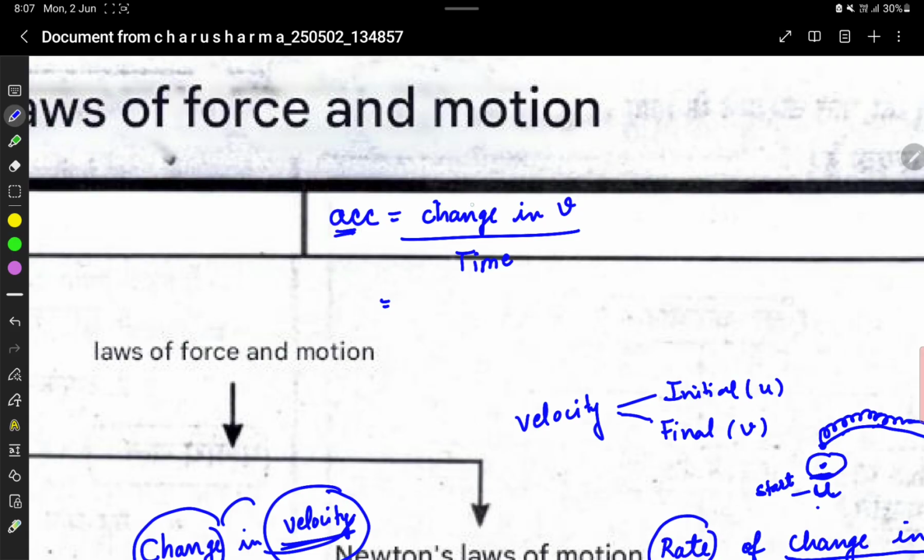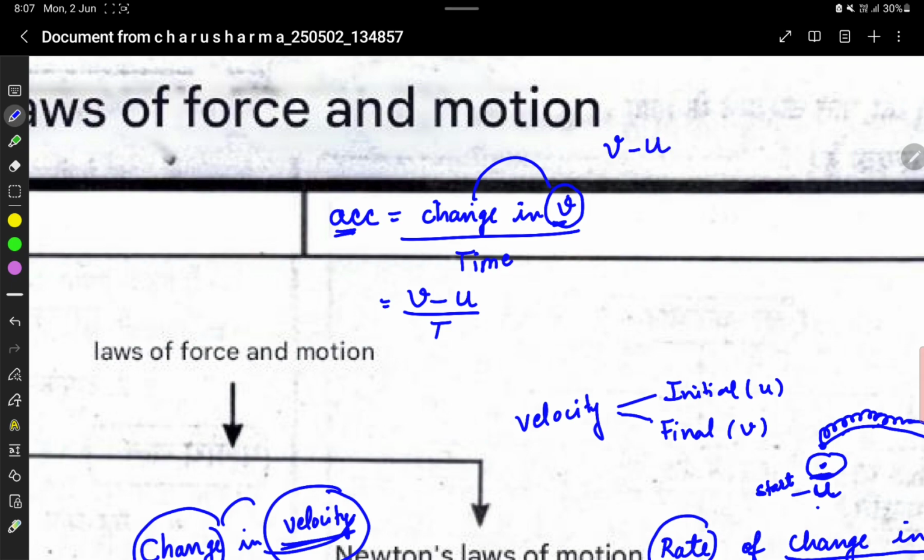Now acceleration is change in velocity upon time, right? Now change in velocity is what? Final velocity minus initial velocity upon time. Change in velocity means we have to subtract the initial velocity from the final velocity.